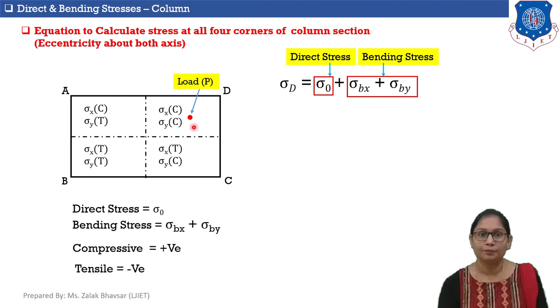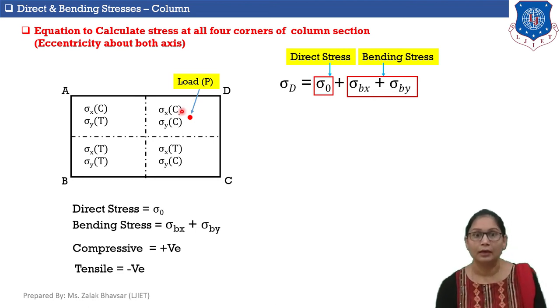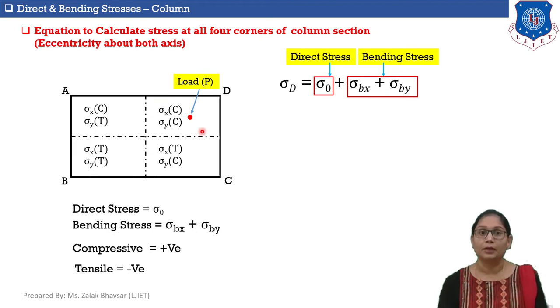Now, for this sign convention, we need to push this load point and target this first quadrant. By pushing this load point, in the first quadrant both the axes, x-axis and y-axis, will be compressed, and because of compressive force along both the axes, compressive bending stresses will be developed.